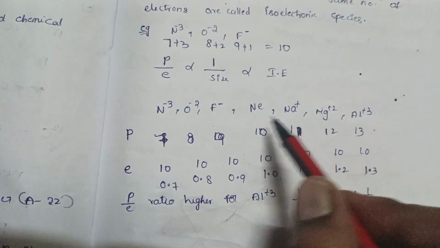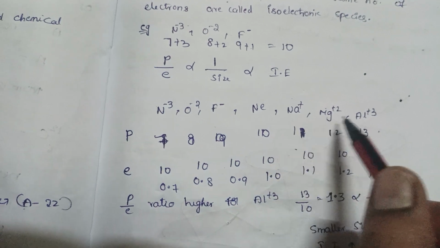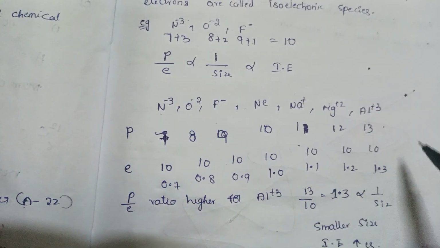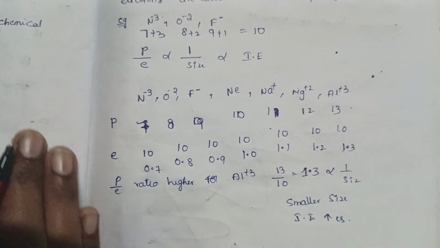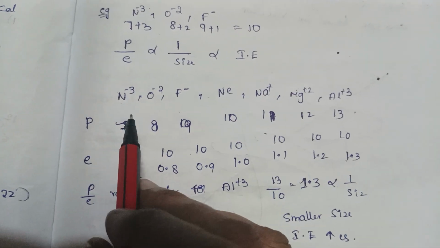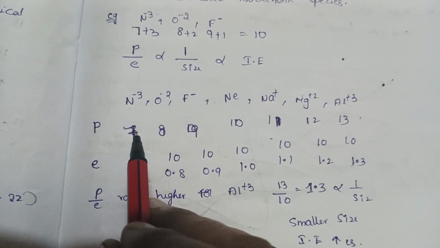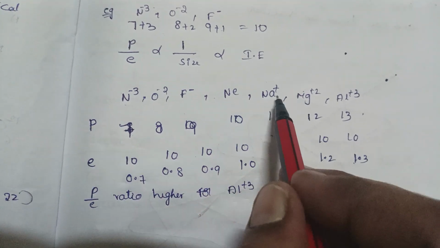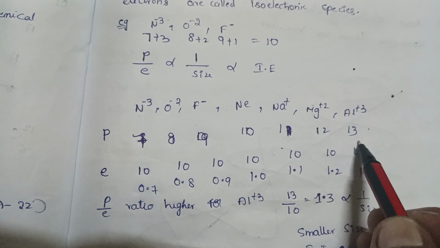Which of the following ions has higher ionization energy? If we take N minus 3, the protons for nitrogen are 7, for oxygen 8, for fluorine 9, neon 10, 11 for sodium, 12 for magnesium, 13 for aluminium.